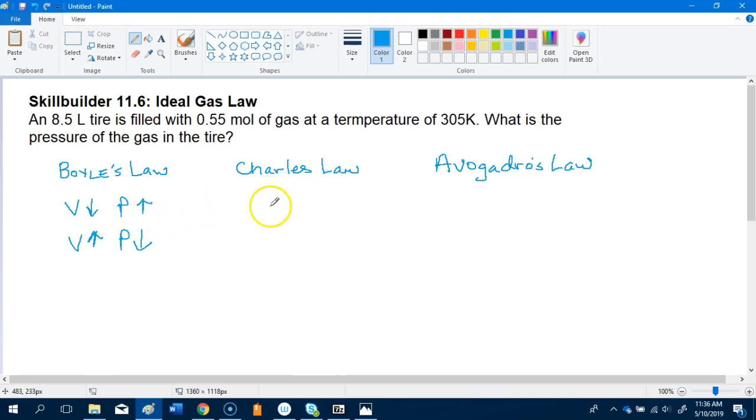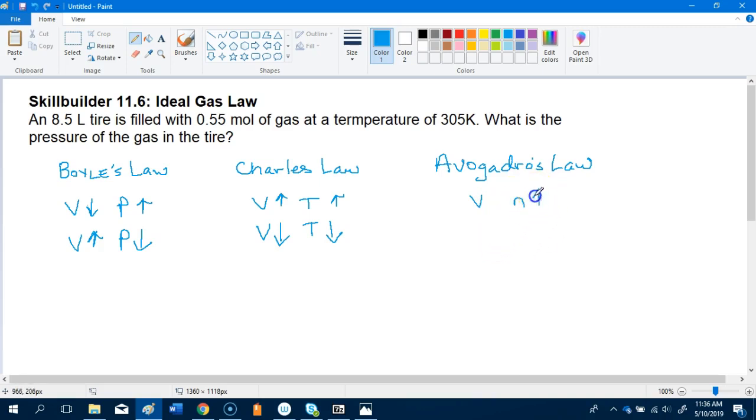In Charles' law, we looked at how temperature affects volume. When temperature goes up, volume increases, and when temperature decreases, volume decreases. So the relationship here is directly proportional. And lastly, with Avogadro's law, we looked at how volume is affected by number of moles.